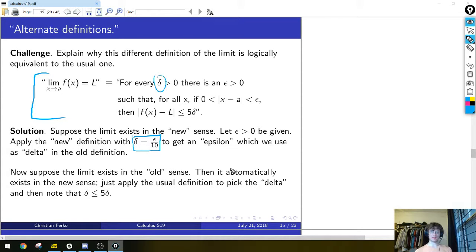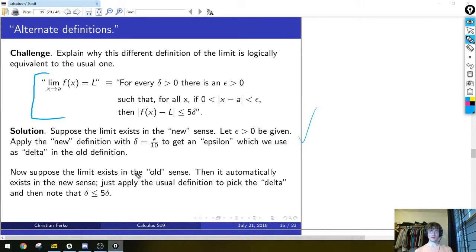Right here, delta and epsilon are switched. So if you let delta be epsilon over 10, this guarantees that you will be within half epsilon of the target, which certainly means you'll be within epsilon, which satisfies the usual definition.